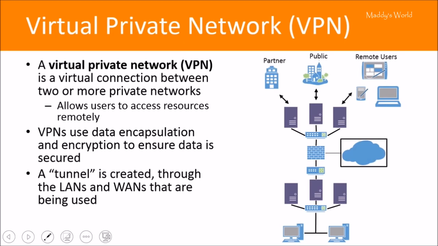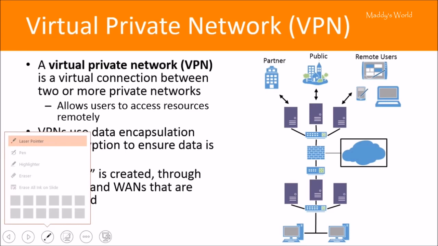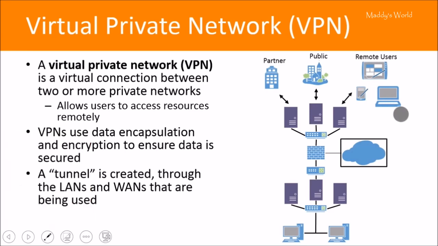So the tunnel goes through all the different LANs and WANs that data communication might have to pass through in order to reach its destination. So you could be working remotely over here with our remote users, right? And maybe you're over in Shanghai and you want to go ahead and access this server that happens to be on your company's intranet.